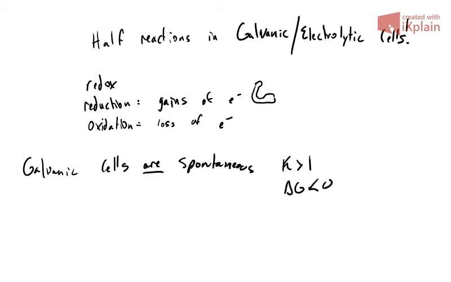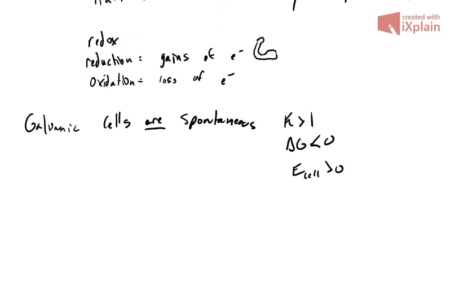That's right, less than 0. Now galvanic and electrolytic cells have a term called cell potential. And that cell potential for a galvanic cell will always be positive.